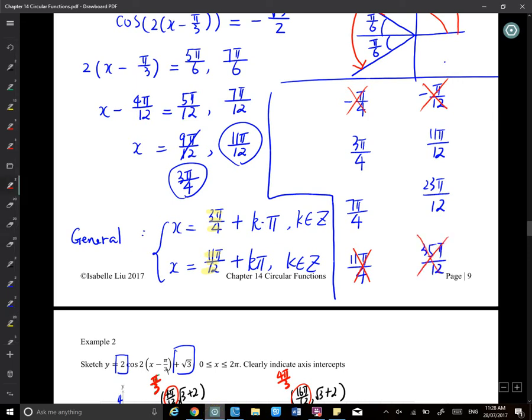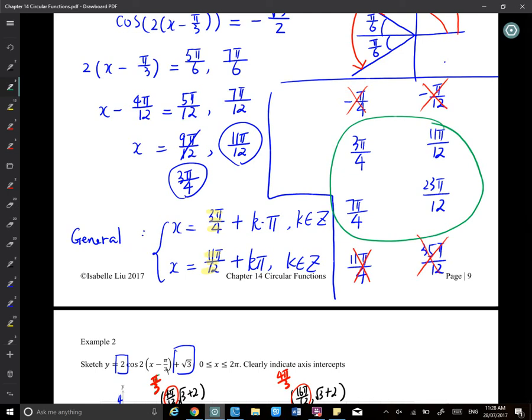We won't have that one. So the 4 possible solutions are those 4. In order, I will write it as x equals 3 pi over 4, 11 pi over 12, 7 pi over 4, and 23 pi over 12.